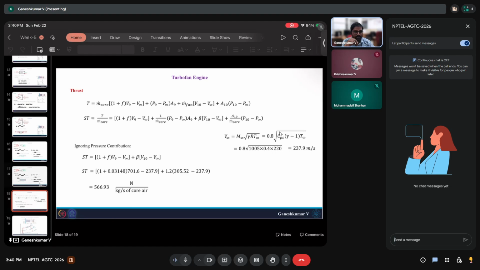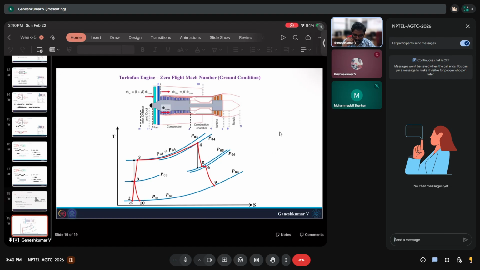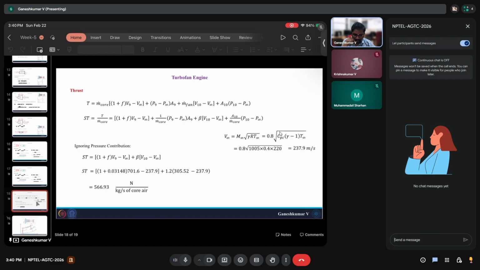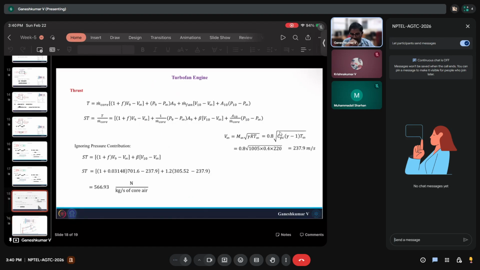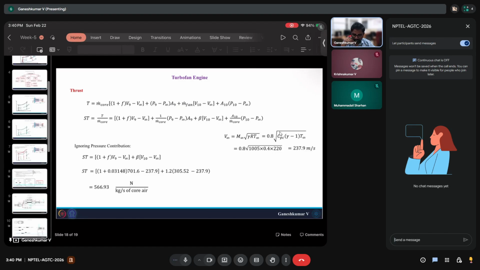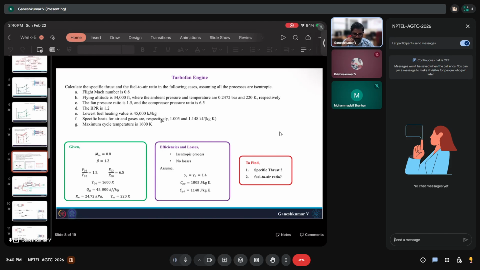So that's why you need to know the unit, especially in turbofan engines. In turbojet engines we didn't care, here we need to be very careful. Here I deliberately chose that if we are not given m dot, we should still be able to find the specific thrust and fuel to air ratio.